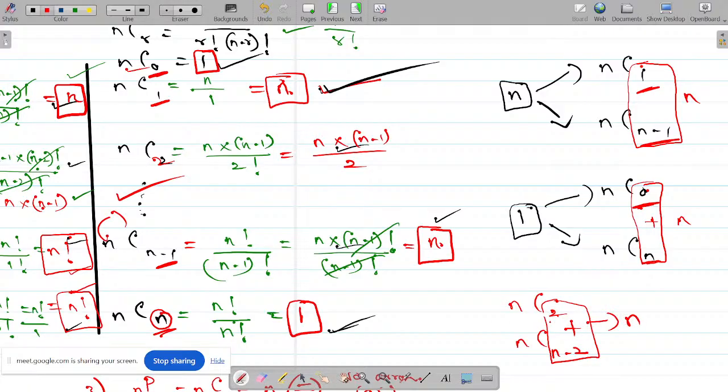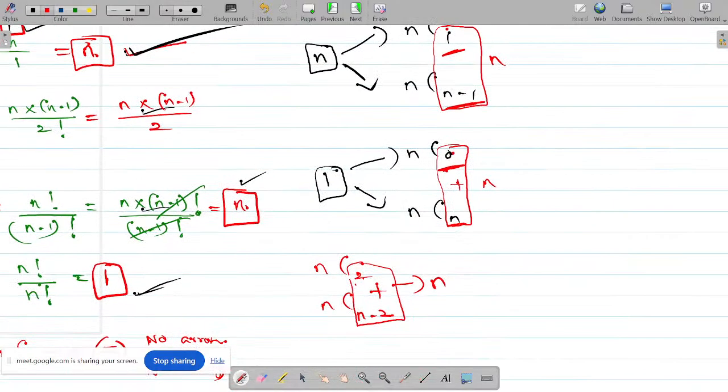What's the logic behind this is, I have 5 people. I name the people for convenience sake as A, B, C, D, and E. I want to pick only 2 people from here. Anybody can help me? Which 2 people I can take? Give an example.